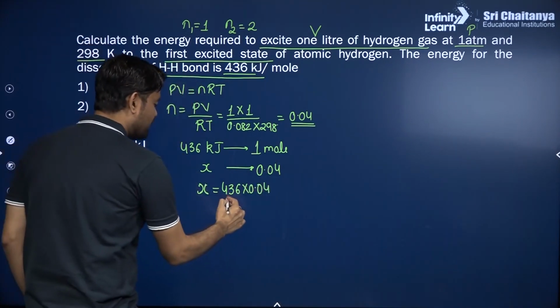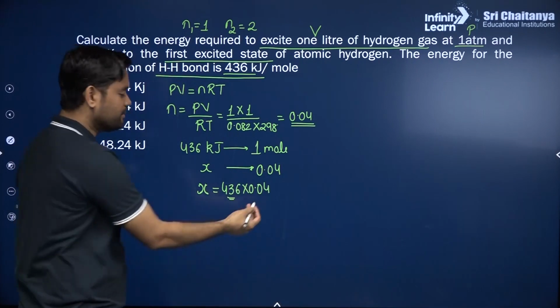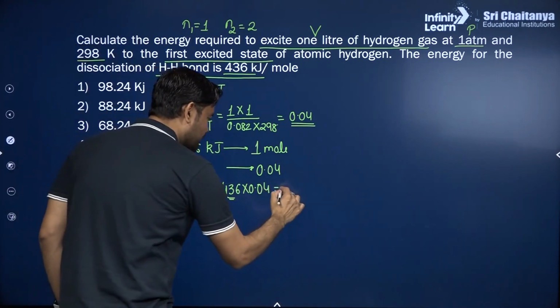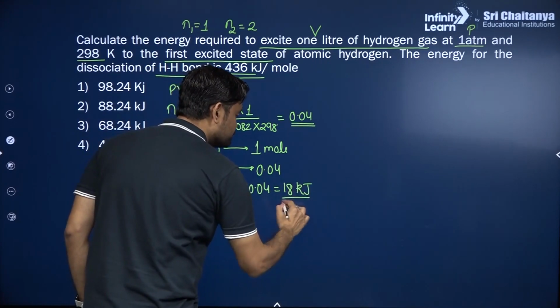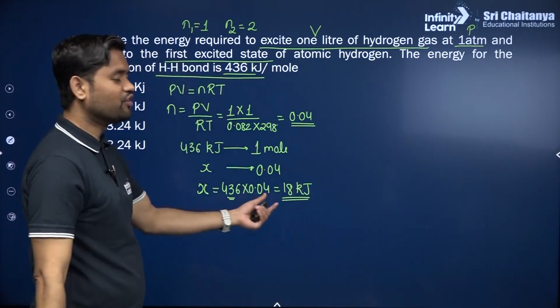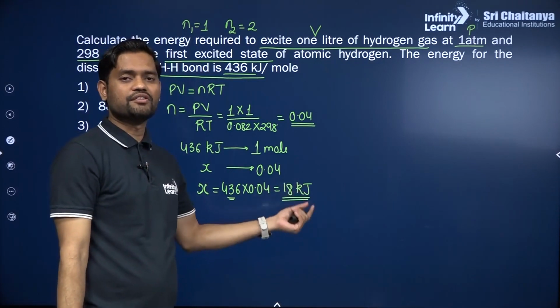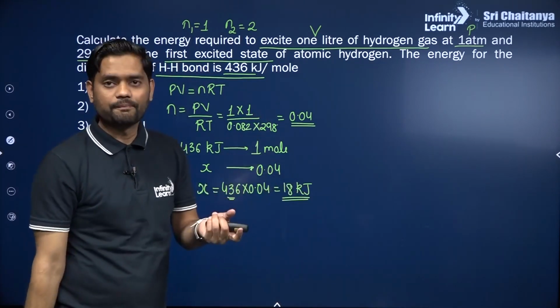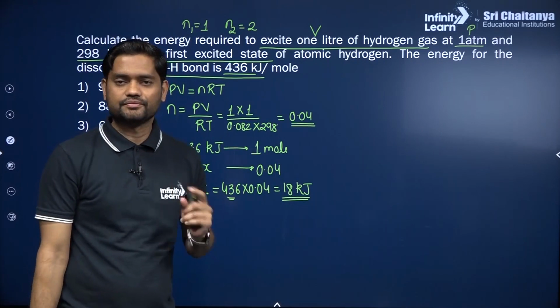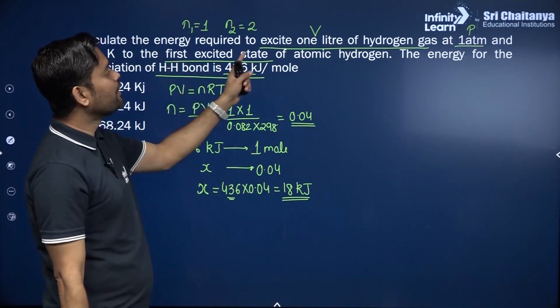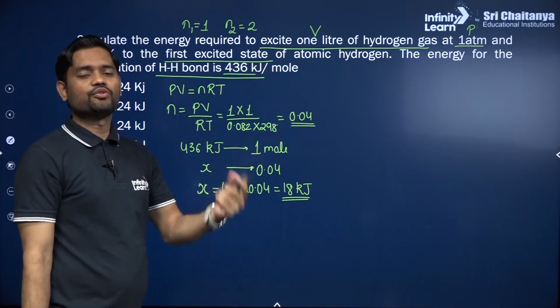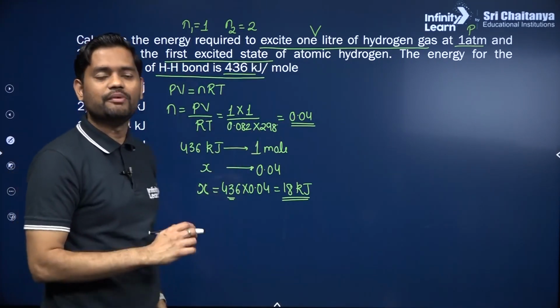If I approximate it as 4.5 into 4, you will get the answer at around 18 kilojoules. So this much amount of energy is required. This is the bond dissociation energy that has been required. Clear? Now, what we need to calculate is the energy required to excite. That means total excitation energies need to be calculated.